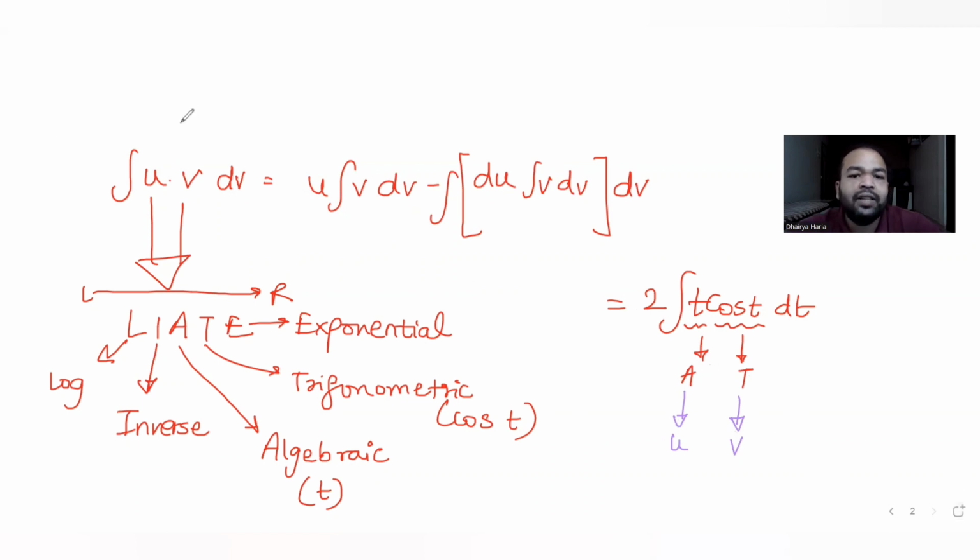Now if I write this entire integral I, we know I is 2 integral t cos t dt. Now we are putting this as u and this as v.